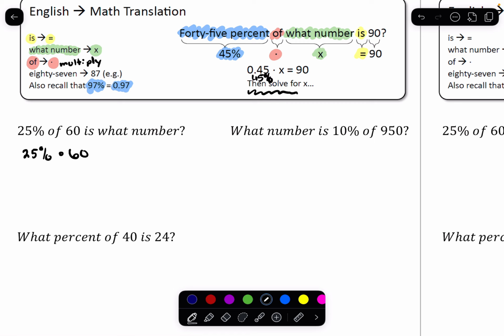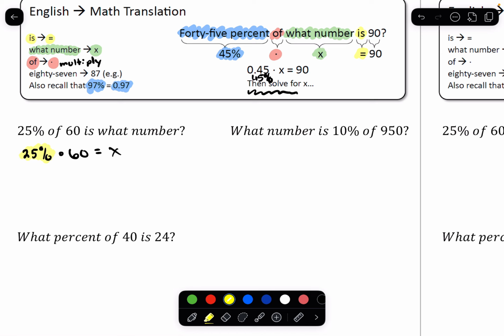So 25% of 60 is, that's supposed to be an equal sign, what number? So this is a little different than the last example because the what number is now on the right side. It comes after is. So 25% times 60 equals X. X is alone. I love it when X is alone because that means all I have to do is put the other stuff in my calculator or my brain, whichever one's working better today.